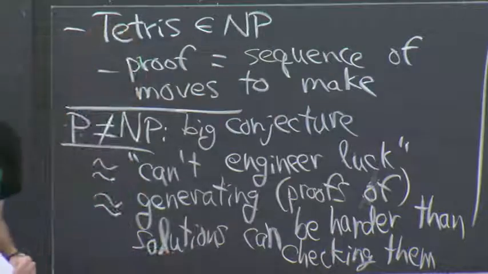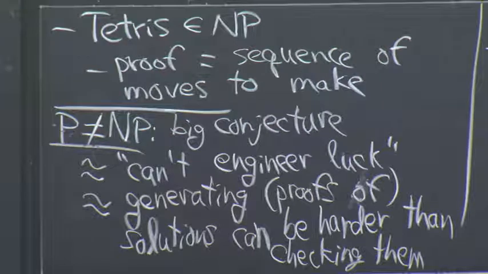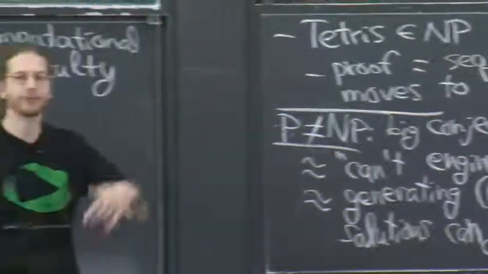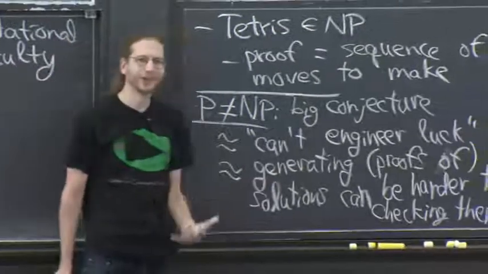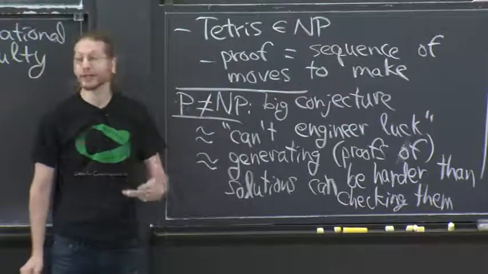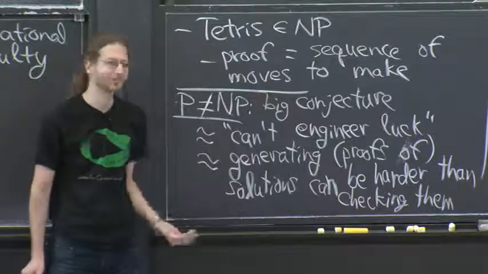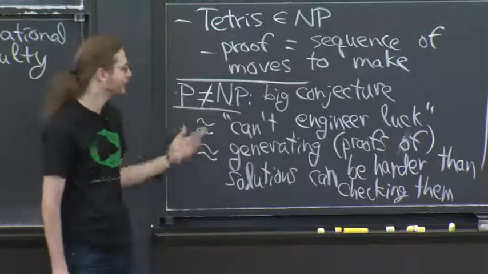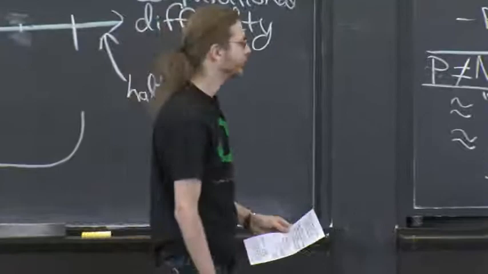Another phrasing is it's harder to generate a proof of a theorem than it is to check the proof of a theorem. We all know checking the proof of a theorem should be easy. If you write it precisely, just make sure each step follows from the previous ones, done. But proving a theorem, that's hard. You need inspiration. You need some clever idea. That's guessing. Inspiration equals luck equals guessing in this model. And that's hard. The only way we know is to try all the proofs, see which of them work.